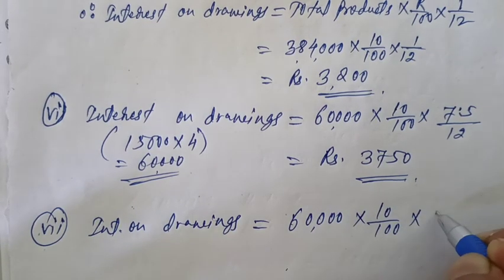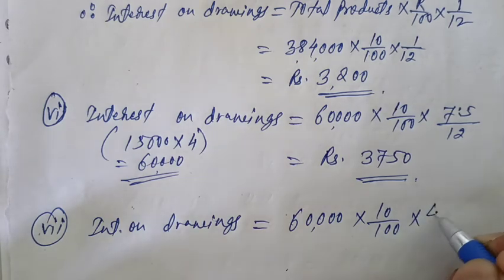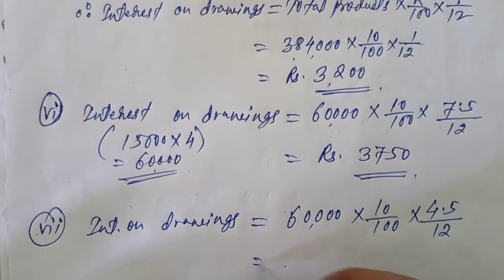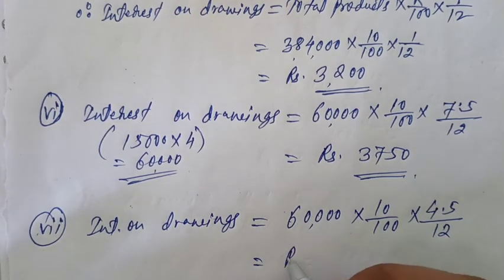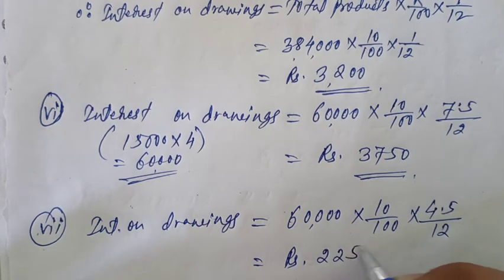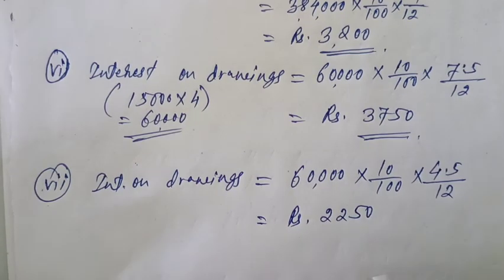Okay, same procedure. Okay, if we multiply 15,000 into 4 quarter, then you will get 60,000 into rate 10 by 100 into how much, 4.5, because it is end of each quarter, that is why we have taken 4.5. Okay, if you calculate this, you will find interest on drawing equal to 2250.